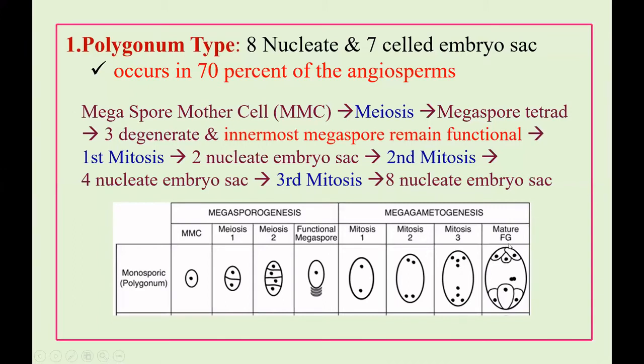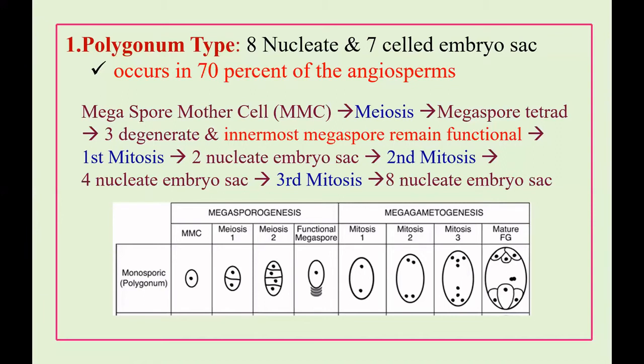Of the three nuclei at the micropylar end, cell formation occurs: one develops into the egg, and the other two develop into synergids, and the three at the chalazal end develop into antipodal cells.